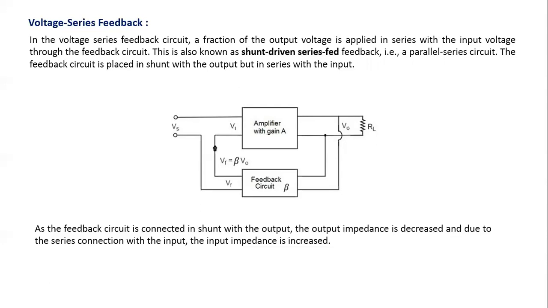This type of circuit is also called a shunt-driven series feedback connection, or a parallel series circuit. With this connection, the output impedance decreases and the input impedance of the circuit increases.